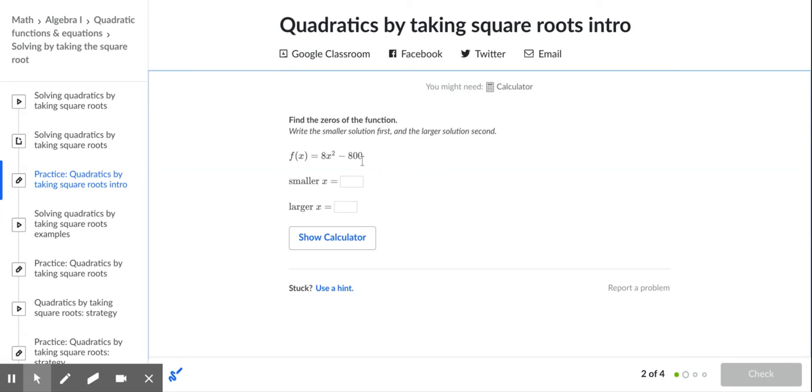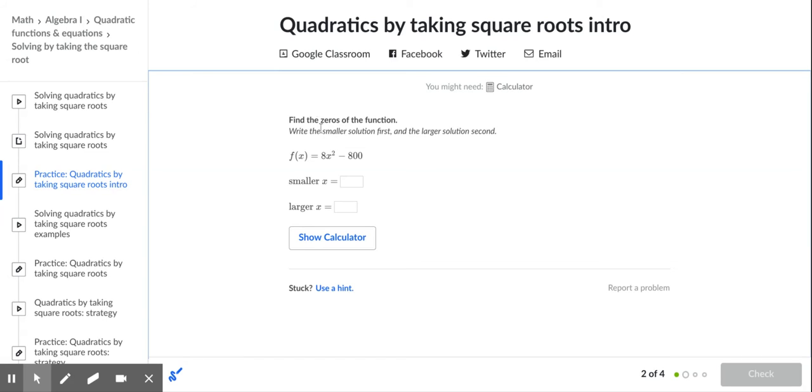So this one says, sorry, sorry for that pause. I just completely stopped talking. This one says find the zeros of the function.